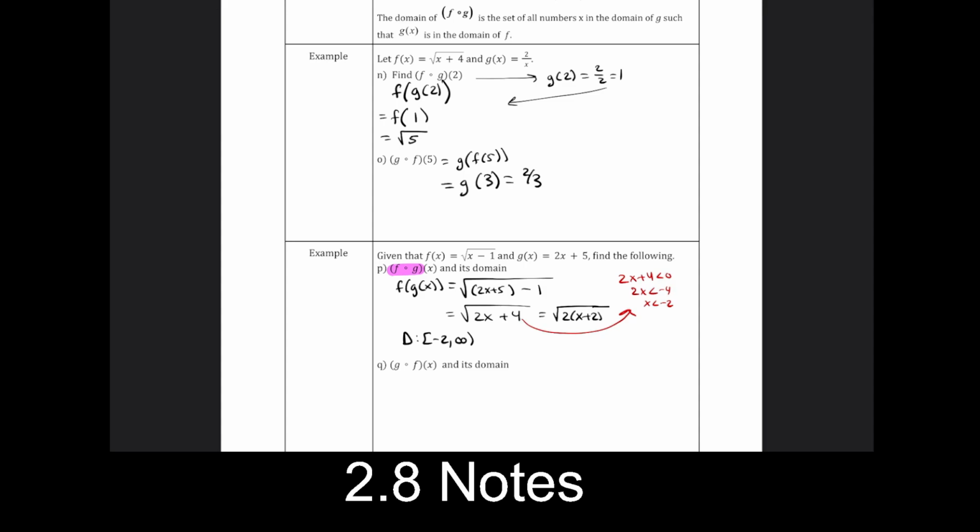And so if we look right here, the domain of this function is from 1 to infinity. So we're looking for all the x values for g, that when I plug them into g, I end up getting a value that is in 1 to infinity. I find it's easier just to calculate it like this, but there are times when it's useful to use the logic. But we know how this function right here works, and we can just find the domain of that. Okay? I showed you 2 different ways.